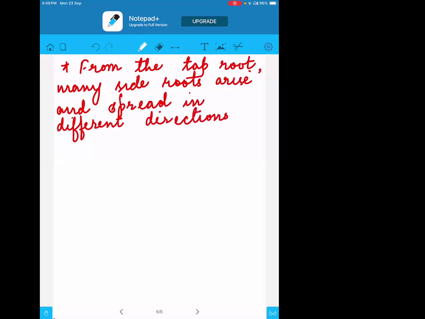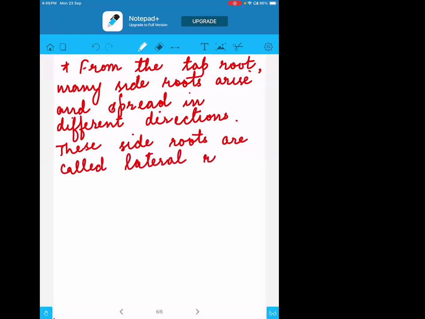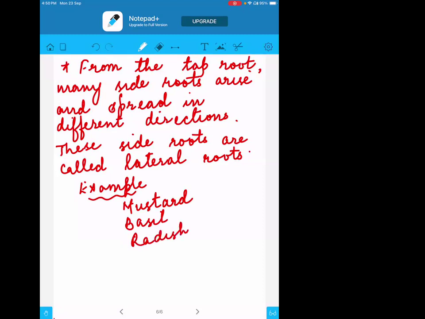And these side roots are called lateral roots. For example, mustard, basil, radish, carrot, pea.